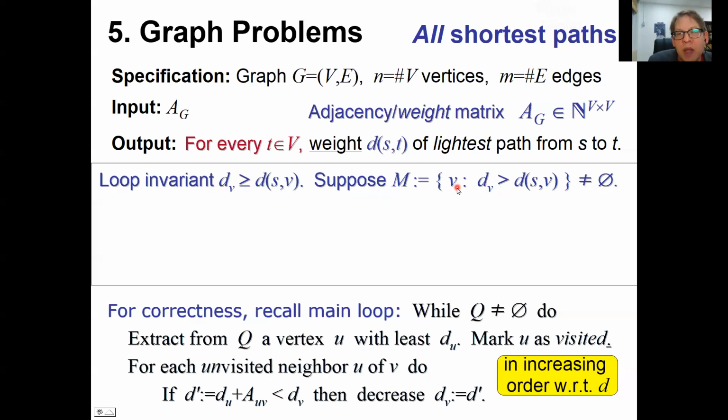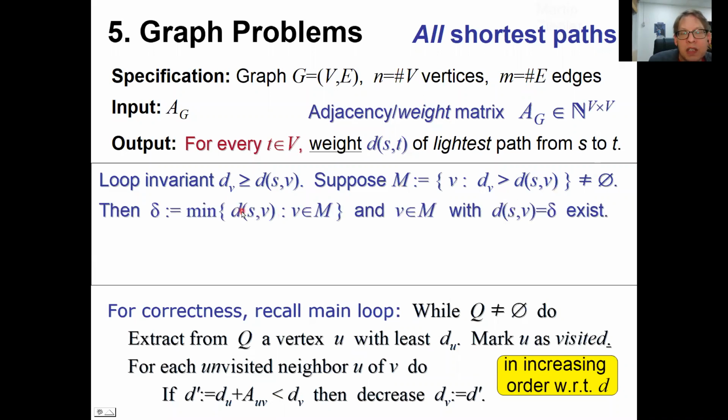More precisely, we consider all vertices which violate this equality and therefore have a strict inequality. Let's call that set Zm, and suppose that it is not the empty set. Then consider the least element in that set, or more precisely, the distance from the start vertex to a closest element in the graph. This is a mathematical quantity. This is a computational quantity.